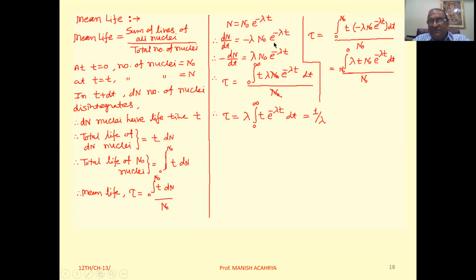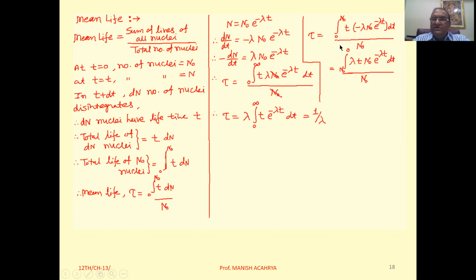From this equation, we can write dn equal to minus lambda N0 e raised to minus lambda t dt, taking dt on the right hand side. So t into minus lambda N0 e raised to minus lambda t dt upon N0 as it is.